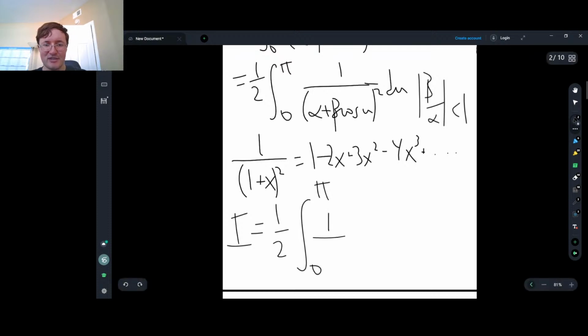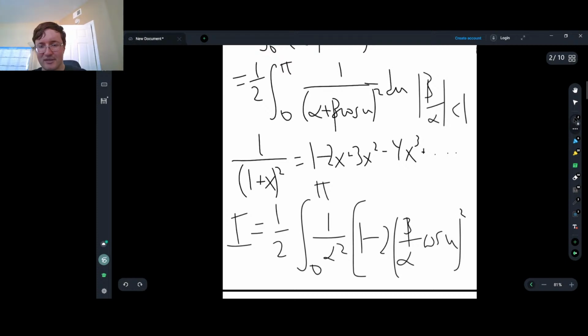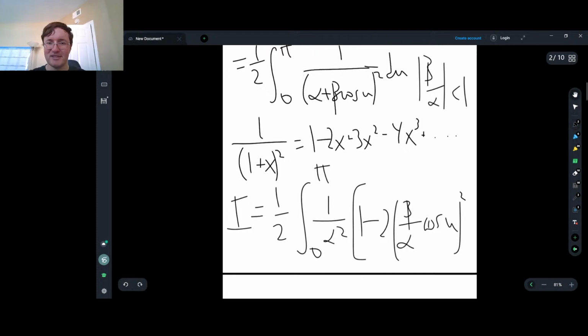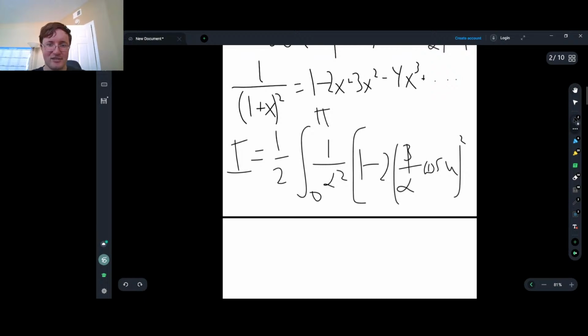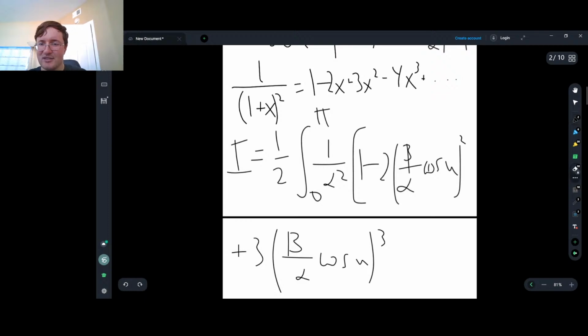So it's 1 over alpha squared, and then times this power series with x equal to beta over alpha cosine u. So 1 minus 2 beta over alpha cos u. Oh boy, this is going to get messy. Plus 3 beta over alpha cos u cubed. Oh wait, no, sorry. That's just a power of 1, and then a power of 2.